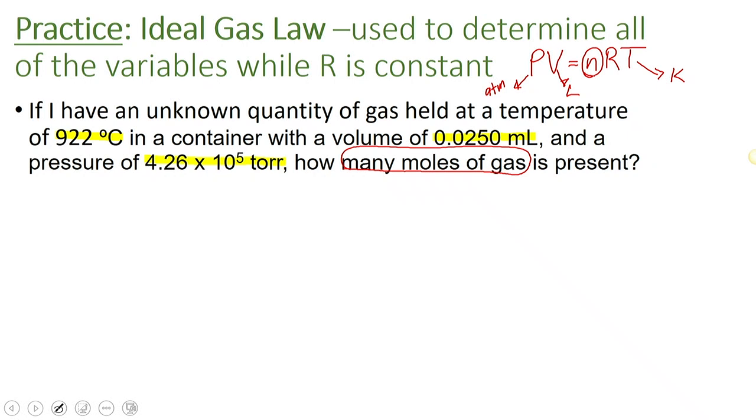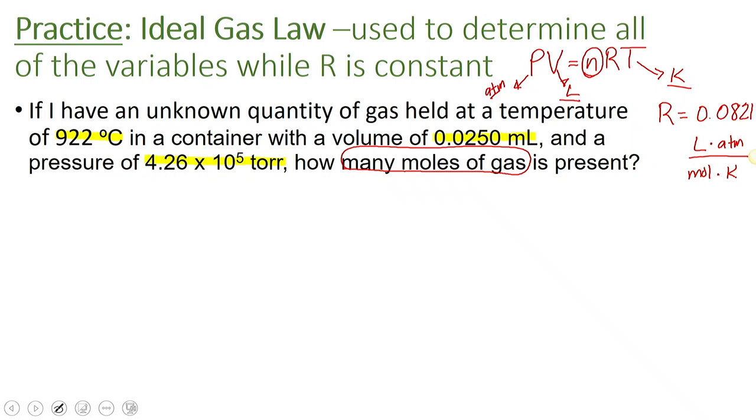We can use a different number for R, but let's keep it where we're using the value with atmospheres, liters, and kelvins. So for that value, R is equal to 0.0821 liter atmosphere per mole kelvin. Okay, all right? So we'll put that to the side for now.